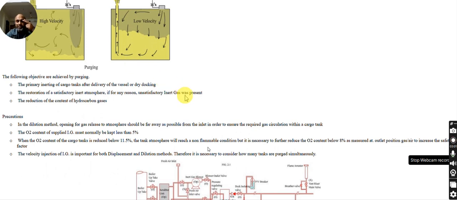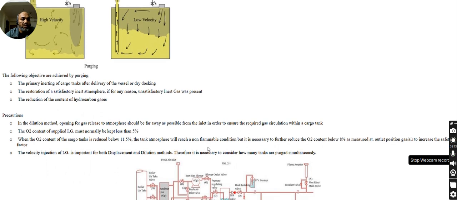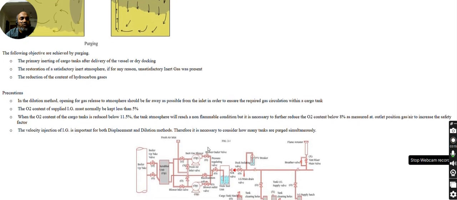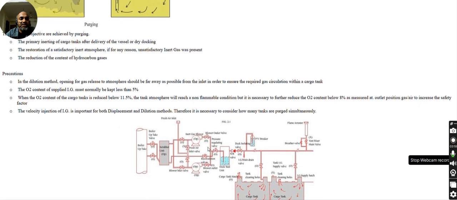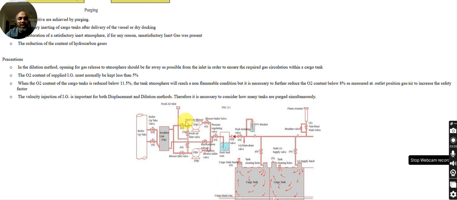Now the discussion is on precautions. In the dilution method, the opening for gas release to atmosphere should be as far away as possible from the inlet in order to ensure the required gas circulation within a cargo tank.